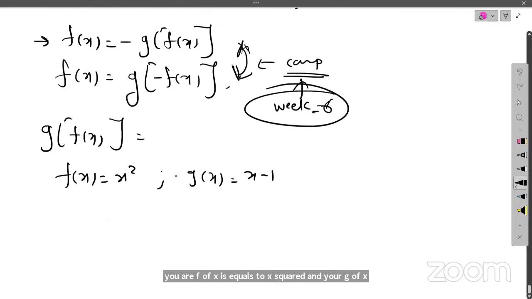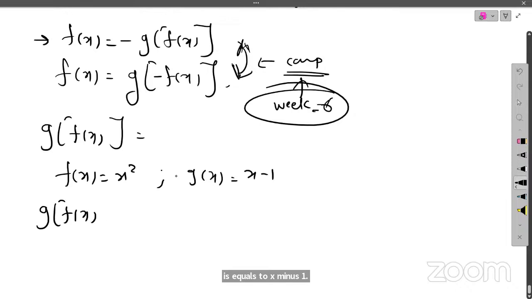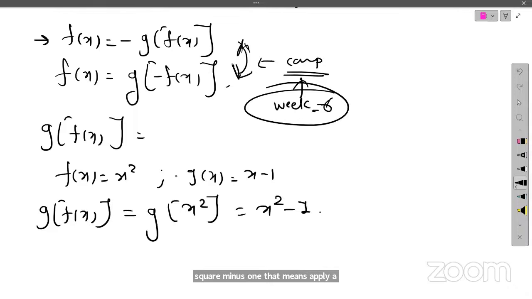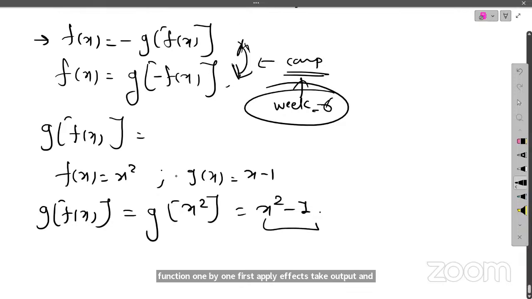Then g of f of x means first apply f of x, so you compute g of x square, which is x square minus 1. That means apply the functions one by one: first apply f of x, take the output, then apply g on that output. So this is x square minus 1.